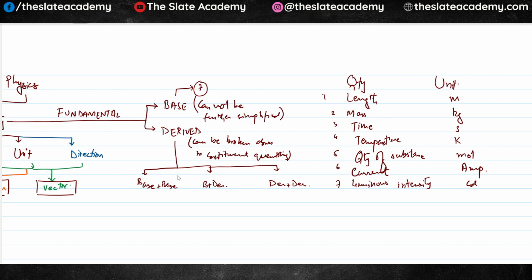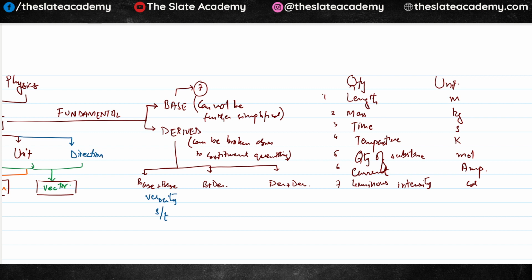Excellent. So we have got velocity, which is distance over time. Then, sir, for a quantity which is a combination of a base quantity and a derived quantity, let's say acceleration. How?